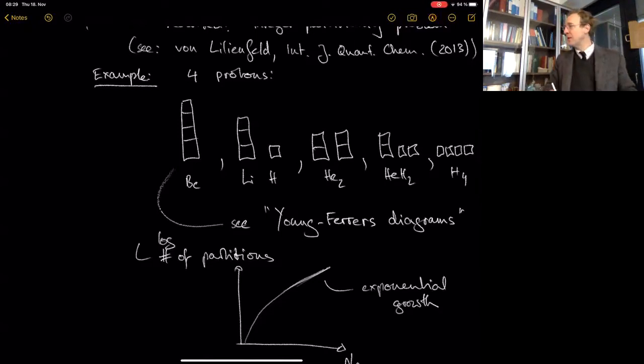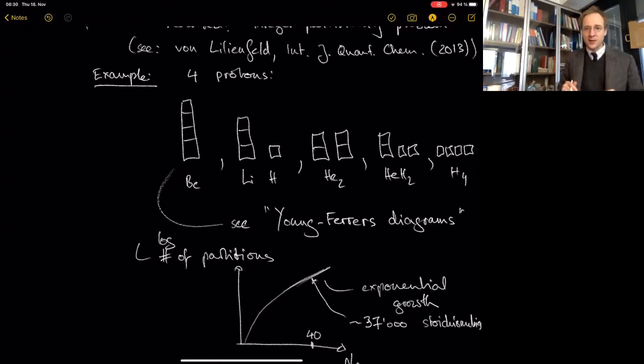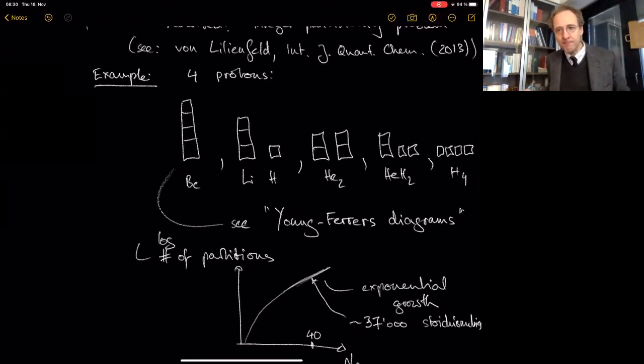So for example, for 40 protons, you would find something like 37,000 possible stoichiometries. Now 40 protons is not large, right? That's 4 water molecules, right?